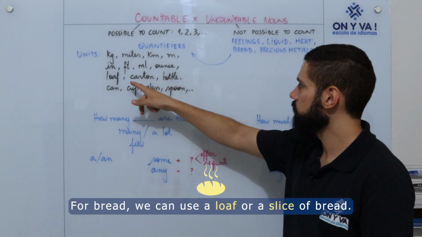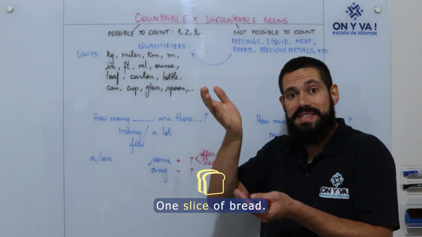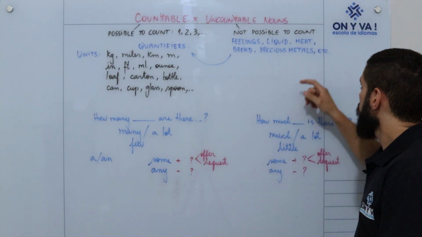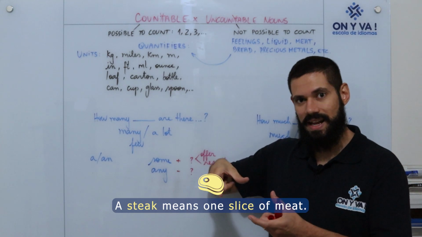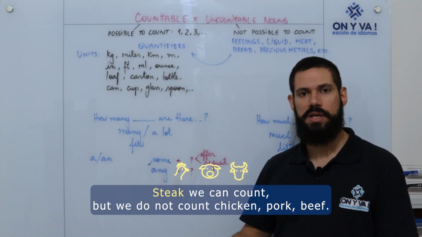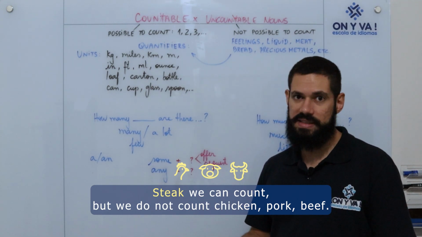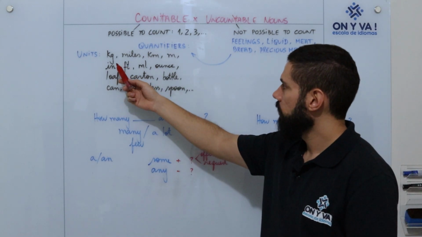For bread, we can use a loaf of bread, 1 unit of bread, 1 loaf of bread, 1 slice of bread. For meat, I can also use a steak, so it's 1 slice of meat. Steak we can count, but we don't count chicken, pork, beef. These we don't count.